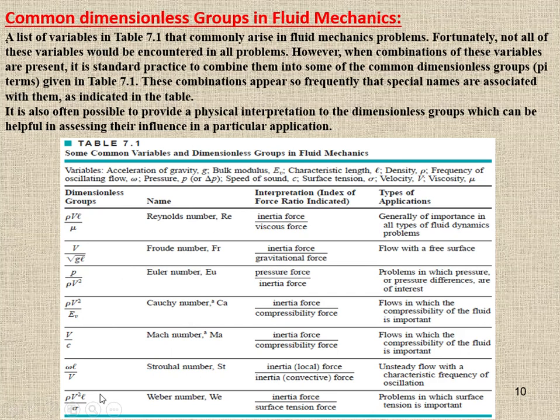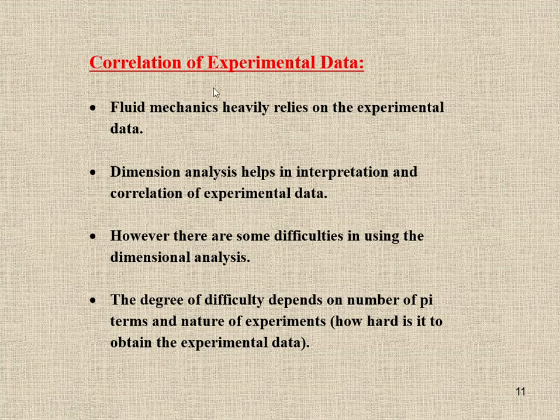So let's move on: the correlation of experimental data. What is the importance of correlation of experimental data in dimension analysis? Fluid mechanics relies heavily on experimental data, because we have a number of variables and we have to correlate all those variables in a particular equation or relationship. We develop our equation based on the experimental data.